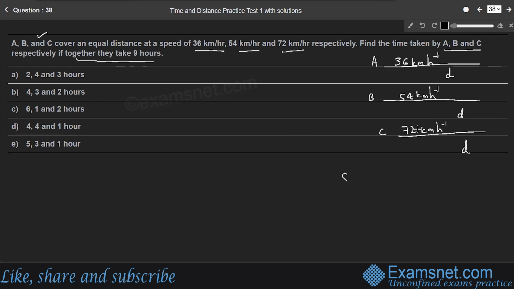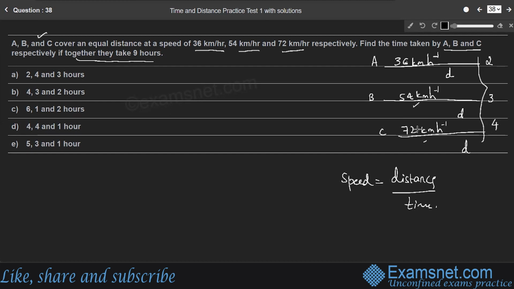So we know that speed is equal to distance by time, that means speed is inversely proportional to time. Here, three speeds have been given. These speeds are in the ratio 2 is to 3 is to 4. So 18 into 2, 18 into 3, 18 into 4.